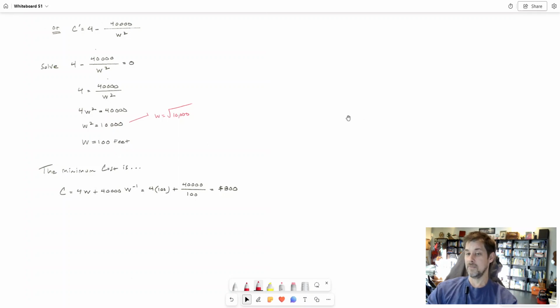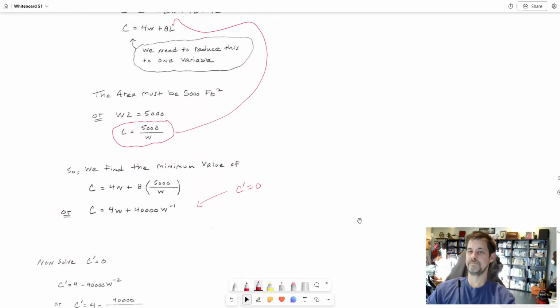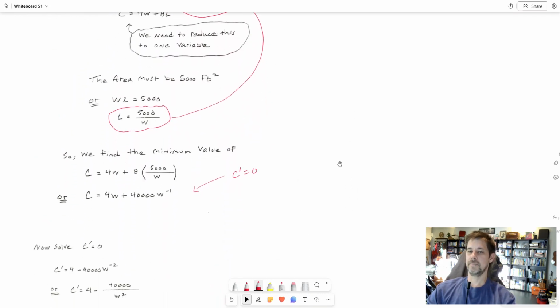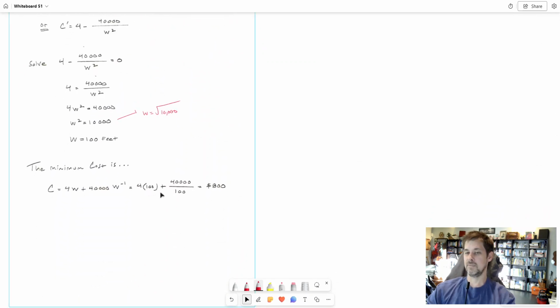Now, I think the one that is easiest to use is this one right here. So that's the one that I'll use. I will put my solved value for W, which is 100, in for W. So I get 4 times 100 plus 40,000 divided by W, which is 100.